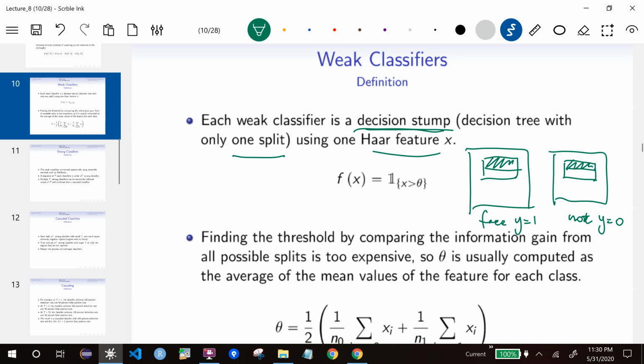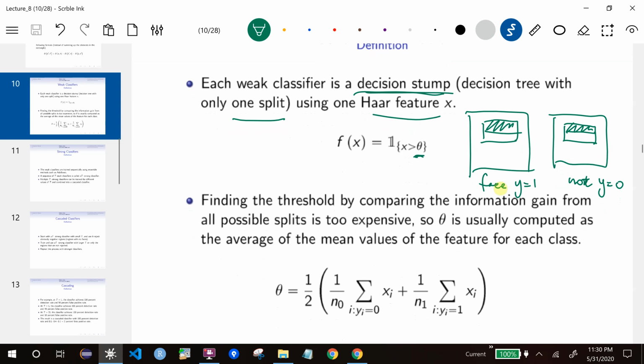We can try different values of the split and find the information gain that's the largest. And of course, we're not going to do that because that takes too long. So we are going to do something that's reasonable and actually works.